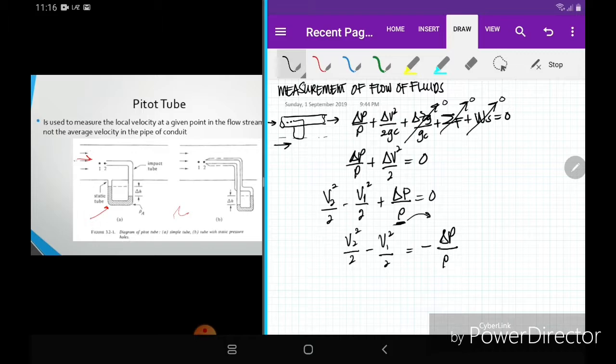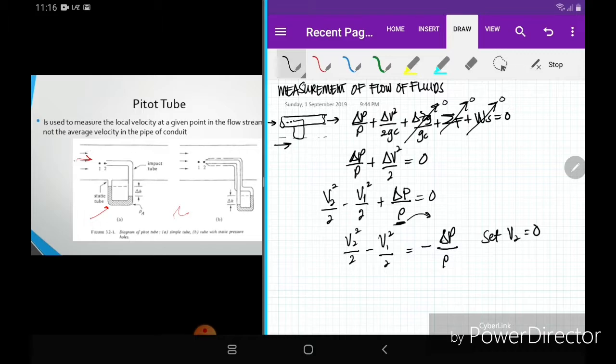Then, what we need here is the initial velocity. Assuming that V sub 2 squared is equivalent to 0, or if we set V sub 2 to 0, because we don't need that. We only need V sub 1.